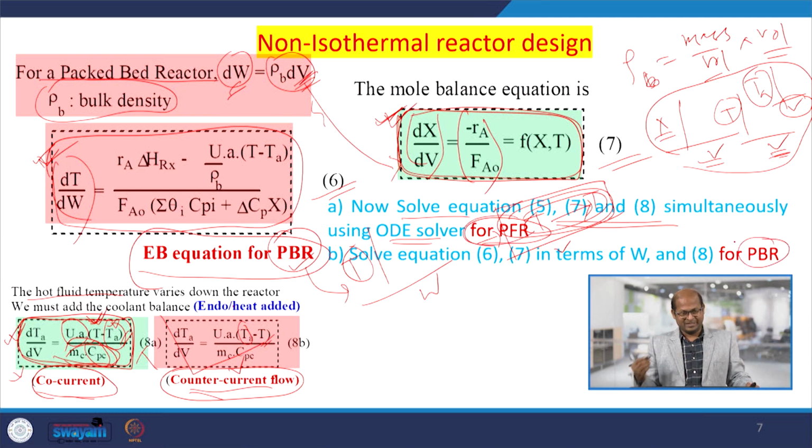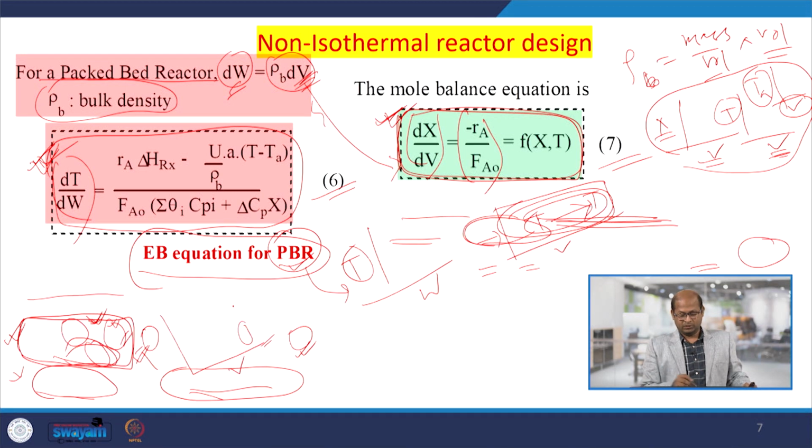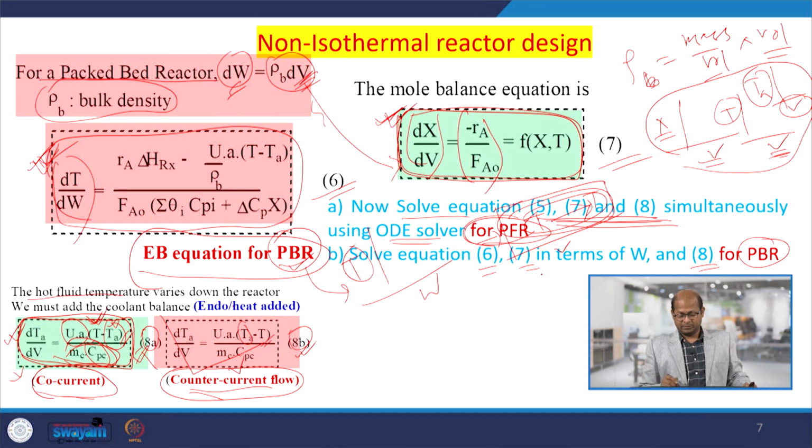Similarly for the packed bed reactor also. Here 5, 7 and 8 were taken, and for the packed bed 6, 7 and 8 would be taken. Equation 8 is for the coolant, either 8A or 8B, depending upon the nature of the flow pattern, whether co-current or counter current. And for the packed bed reactor there is the energy balance equation and the mole balance equation, equations 6 and 7.